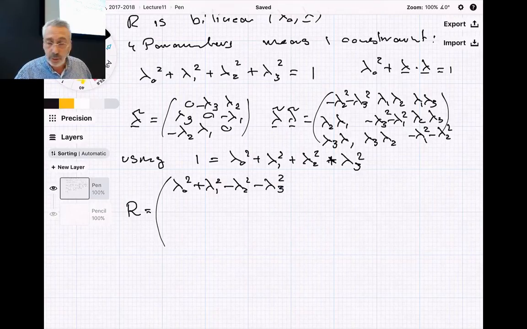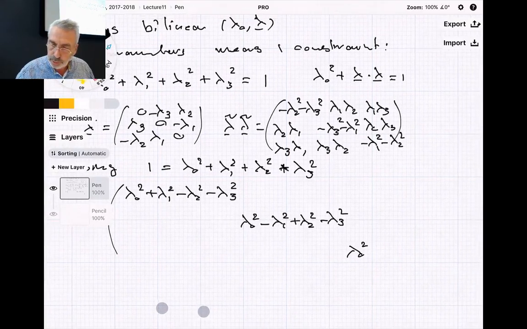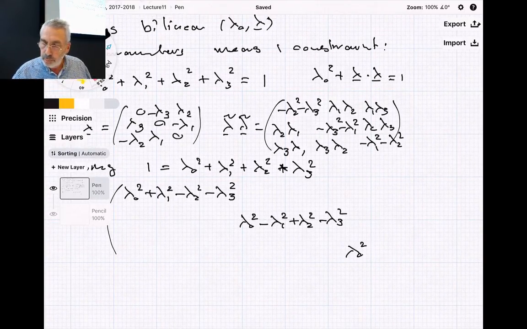Then the second diagonal term is lambda 0 squared, no, that's not a plus, that's a minus: minus lambda 1 squared plus lambda 2 squared minus lambda 3 squared. And the third is lambda 0 squared minus lambda 1 squared minus lambda 2 squared plus lambda 3 squared.